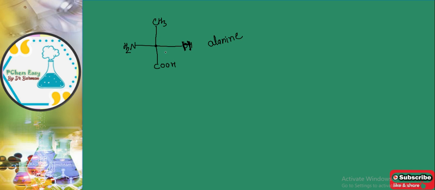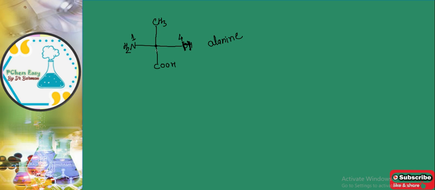Now by applying those rules, we will see whether it is R or S. We will give the priority as per the atomic number. Here carbon, here hydrogen, here nitrogen. Whenever it has hydrogen, give it 4. Nitrogen will get priority over carbon, so it will get 1. Carbon, carbon.